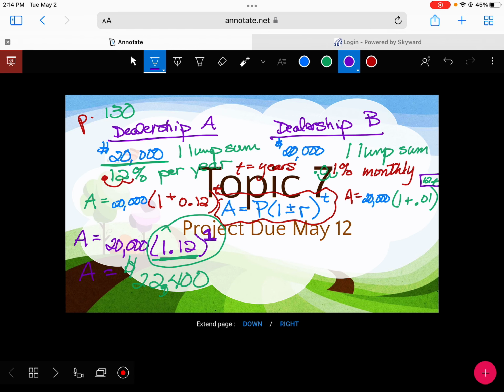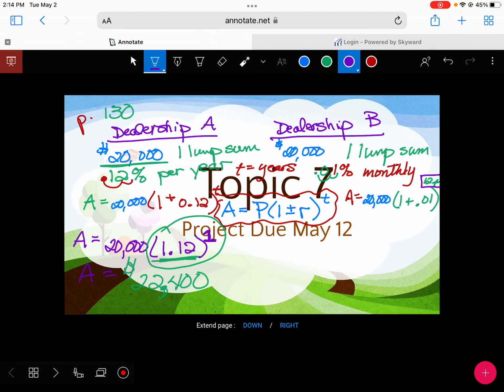Okay, but that's just dealership A. Let's go to dealership B because they had a much smaller rate, but that was monthly, and then we changed it to yearly. So this is going to be A equals $20,000 times 1.01 is my growth factor. We are going to take 12T.